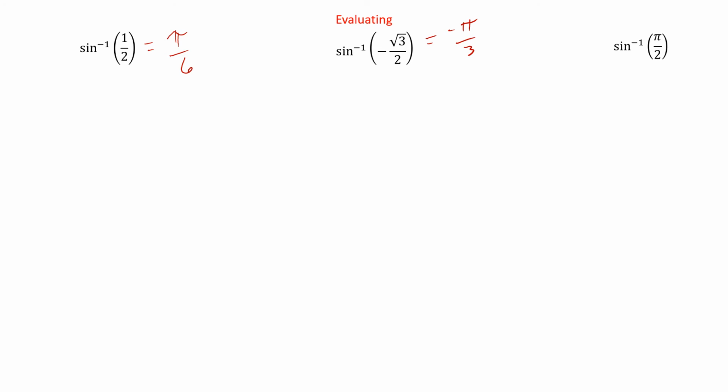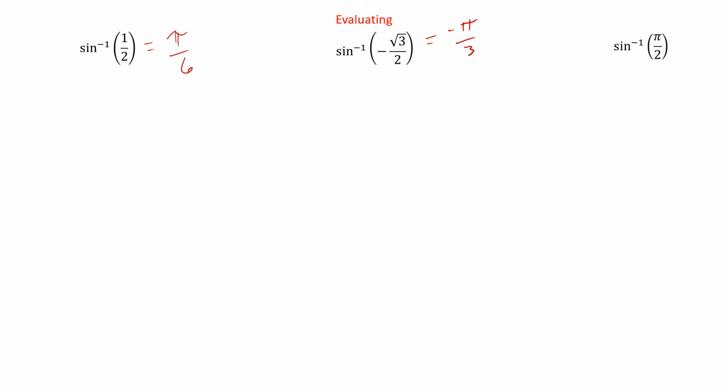Inverse sine of pi/2. Well, that's weird. We don't usually have pi/2 as an angle here. I mean, we could do an inverse sine of it, except that the domain of inverse sine is only from -1 to +1.